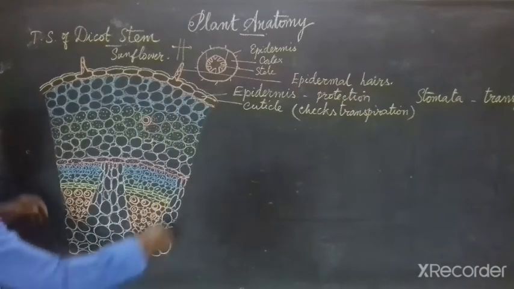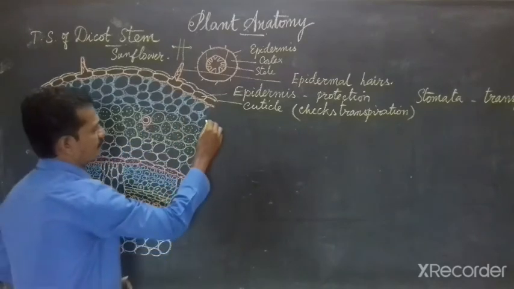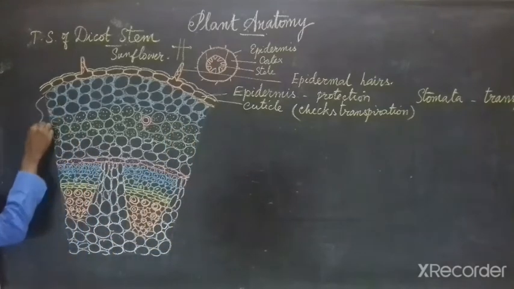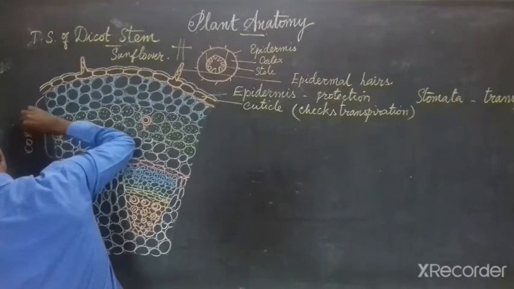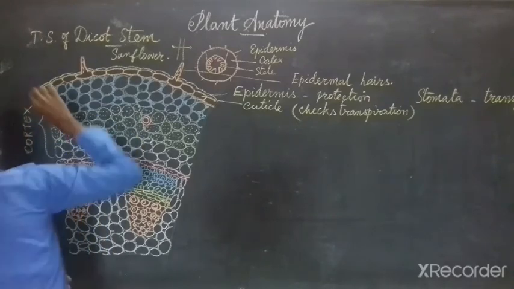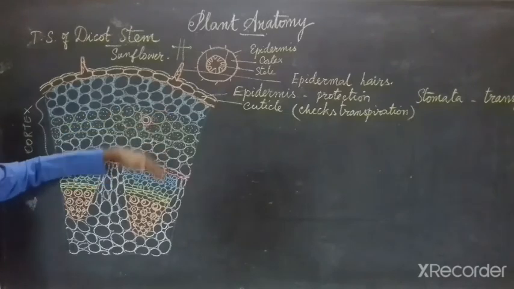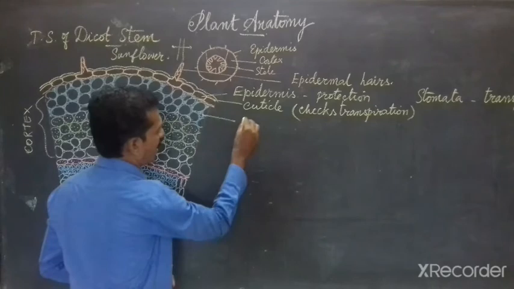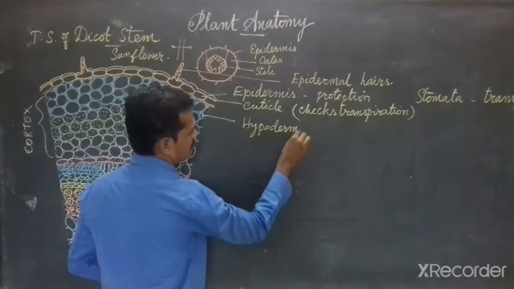Then the region that lies inner to the epidermis is the cortex. So this region is the cortex. Here, the cortex is differentiated into three zones. The region below the epidermis is the hypodermis. Hypo means below.